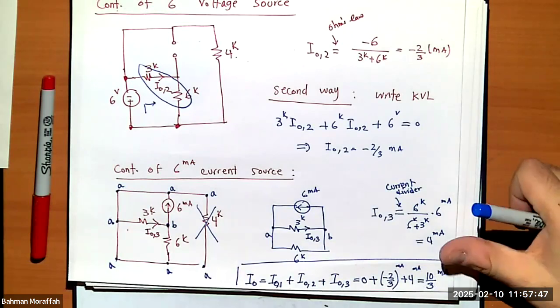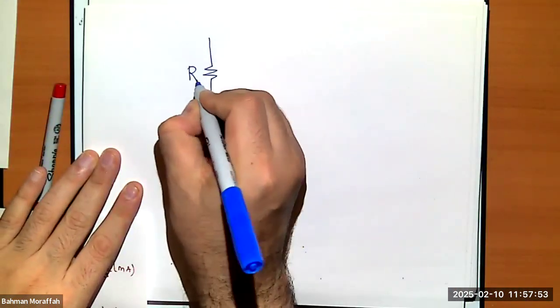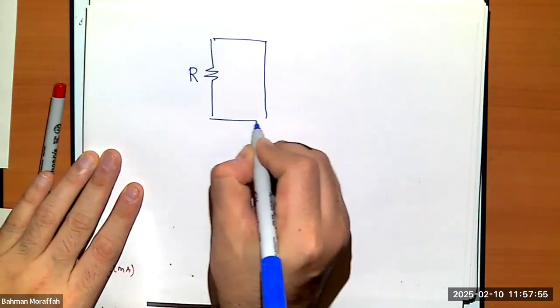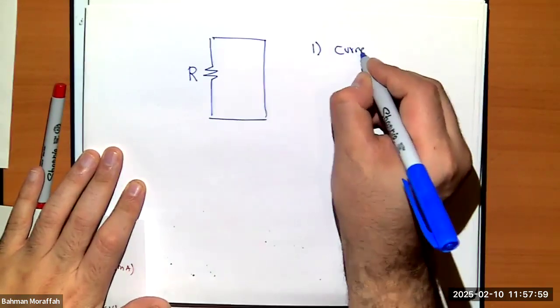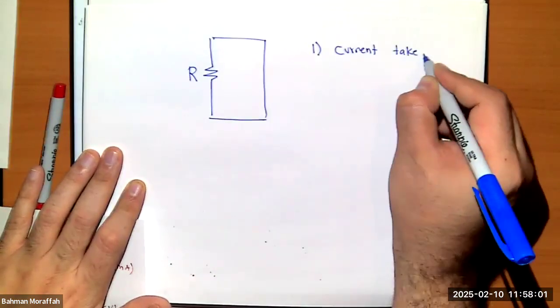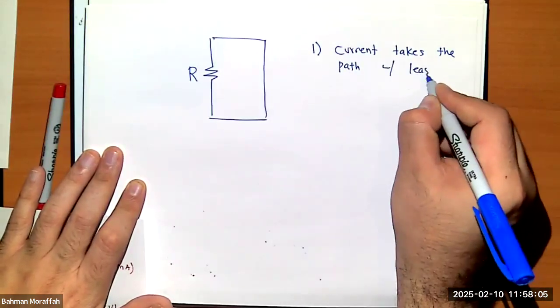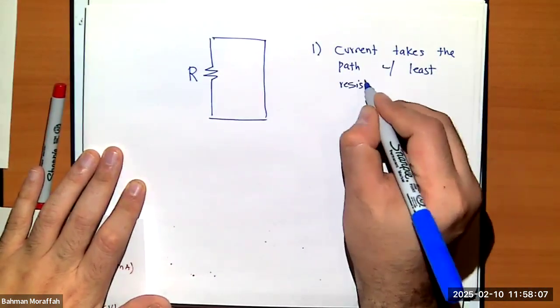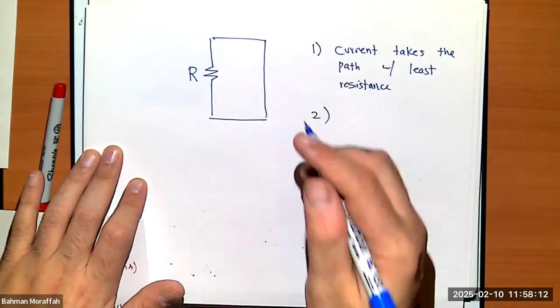So if I have a resistor in parallel with a wire, first, current takes the path with least resistance. Another way of looking at it is just a definition of a parallel.